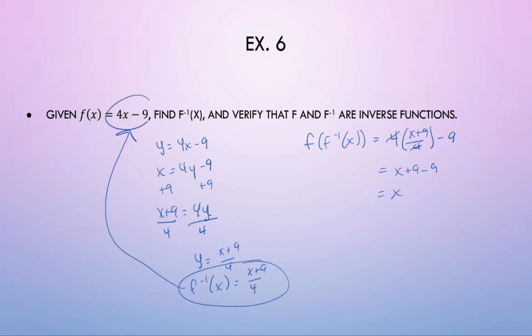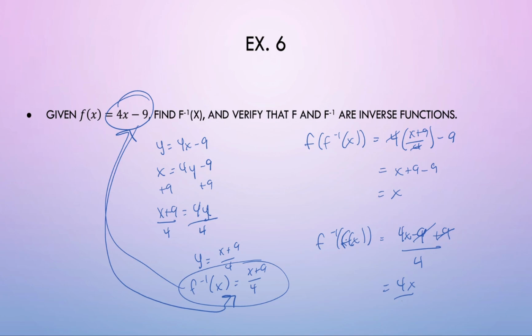We can also do it the other way around. So f inverse of f of x is going to be (4x minus 9 plus 9) over 4. The 9's cancel out, and that's 4x over 4, which is also just x.